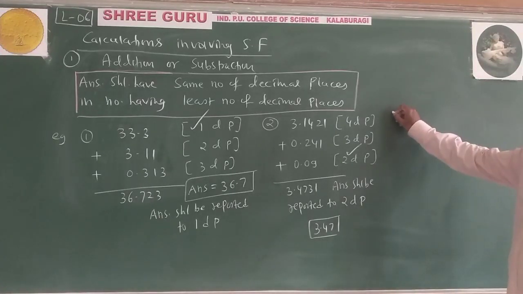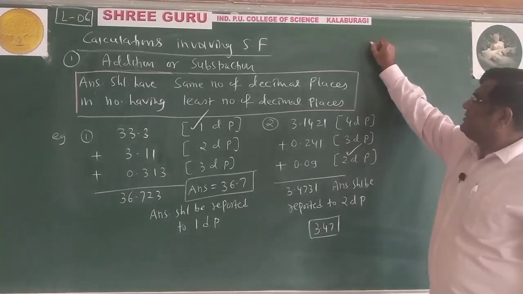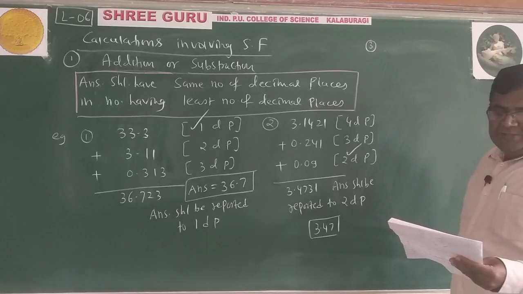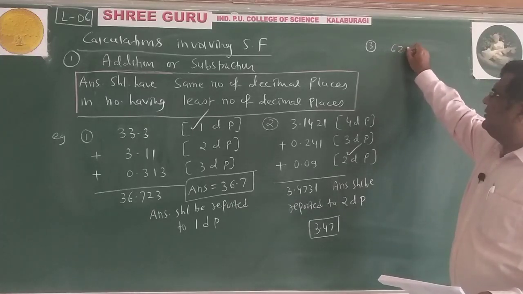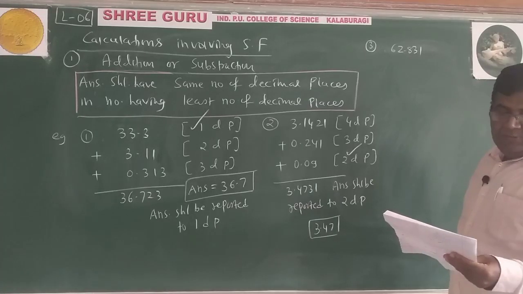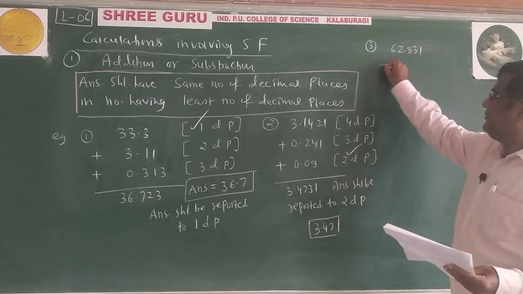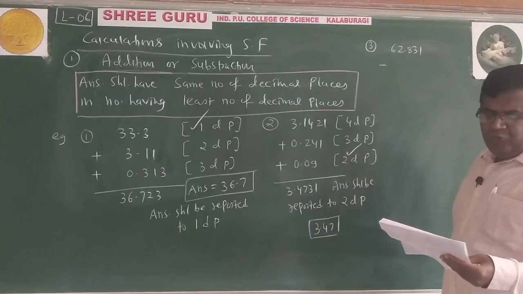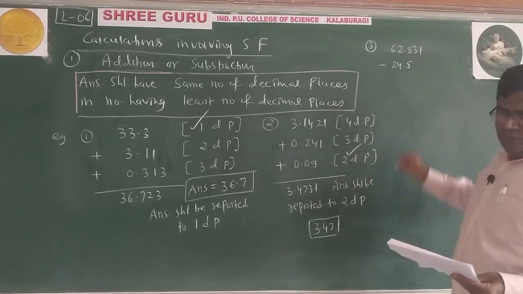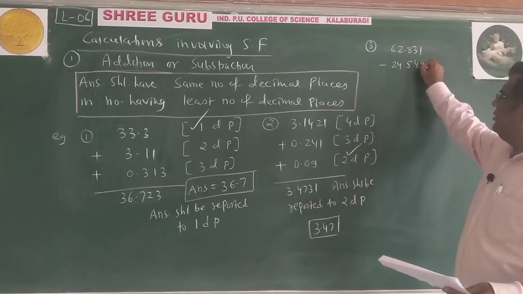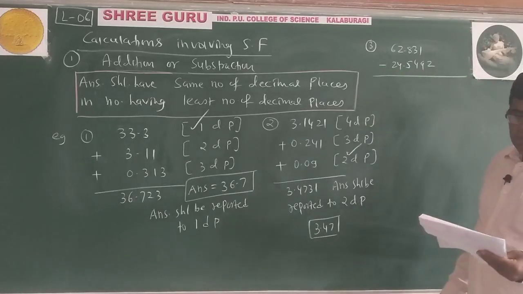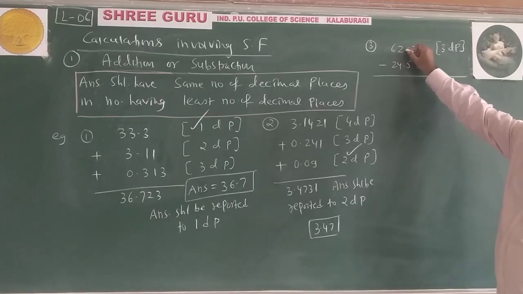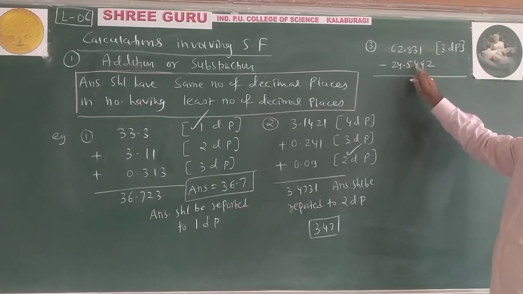See, one more example I will give. You can give many more examples, but if you understood the rule, it's just repetition. 62.831, and from that we subtract 24.5492, because the same rule is applicable for subtraction also. The first has 3 decimal places because there are 3 digits after the decimal point. The second has 4 decimal places.